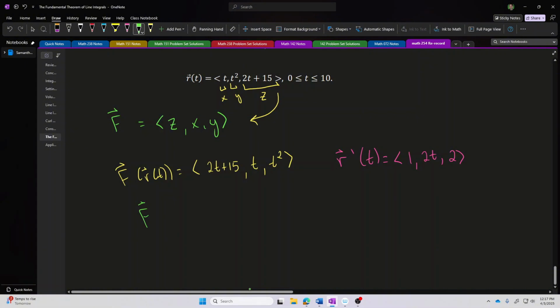Now let's figure out how much the vector field and the tangent vector are aligned using the dot product. So I'll have 2t plus 15 times 1 plus t times 2t plus t squared times 2. And then I'll simplify that.